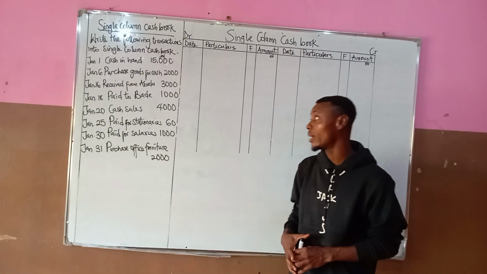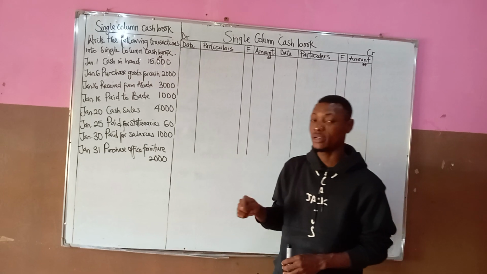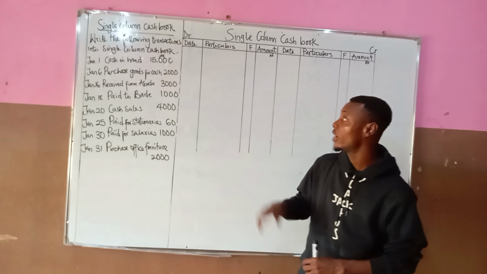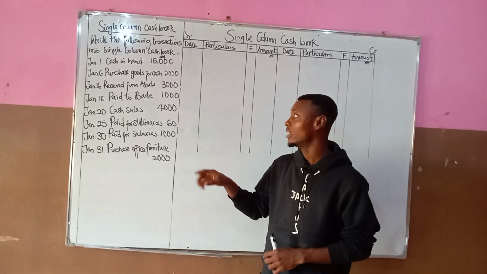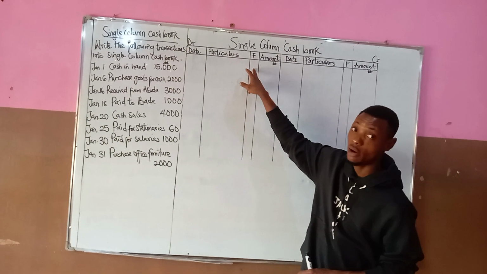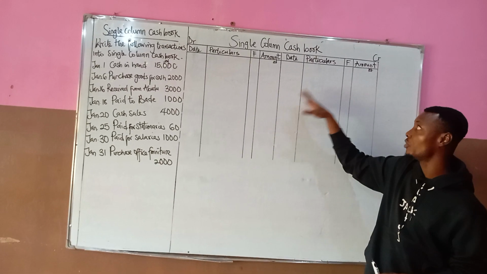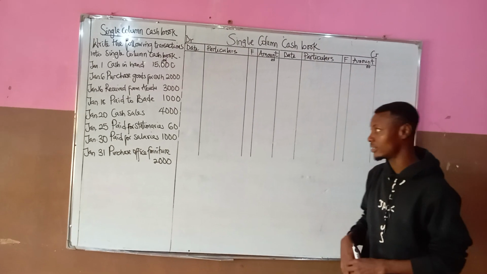Sometimes they give you the number in which that transaction was recorded in the ledger. When such numbers are given, we put the ledger number under the folio. Then we have the amount. Also, we repeat the same thing under the credit side.